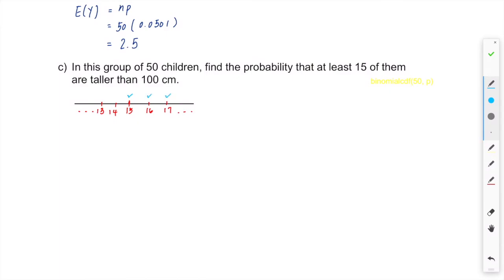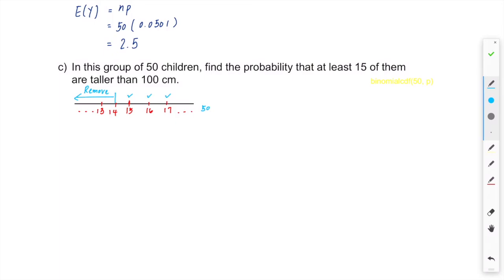And all the way up to child number 50. How many cases do we have to add together? Too many, okay? Well, if there are too many cases to be added together, what's our other choice? The other choice, of course, is to remove the irrelevant ones.